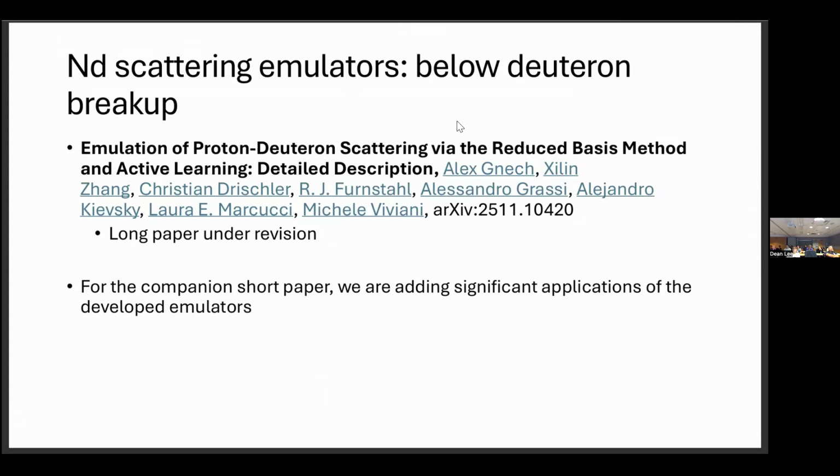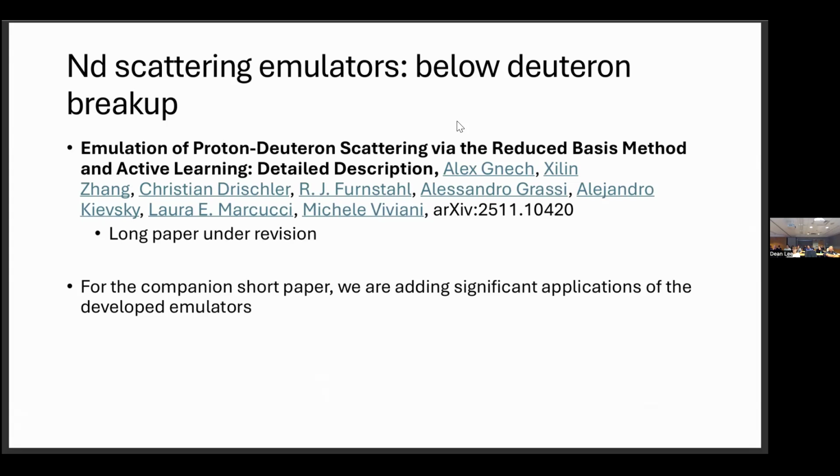One of these things is about nucleon-deuteron scattering emulators. There's a lot of emulator work that's been done, and a couple of papers are under review right now. This is using reduced basis methods that we've heard about, and in particular also some active learning. Abhinav and Christian will talk about things related to that, and I think maybe Christian will touch on some of this particular work.